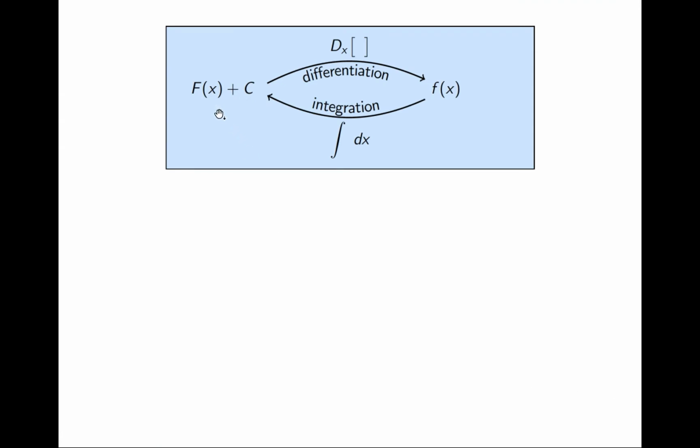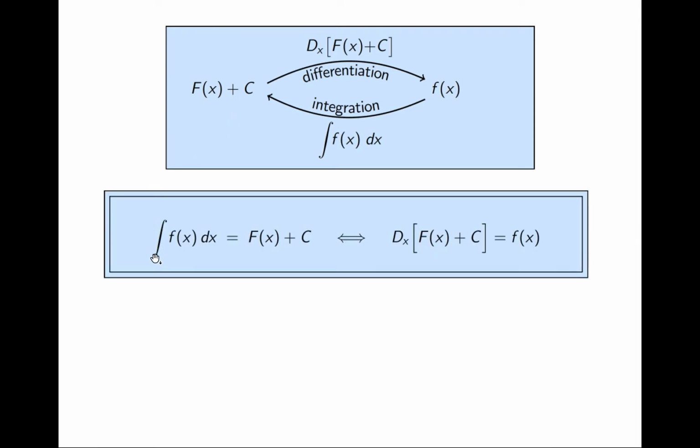Okay, so we have these two processes, differentiation and integration. Given a function big F of x plus c, you can differentiate it to get its derivative, which we'll call little f of x. And then you have a reverse process of integration, where you could take the integral of little f of x dx and get big F of x plus c.